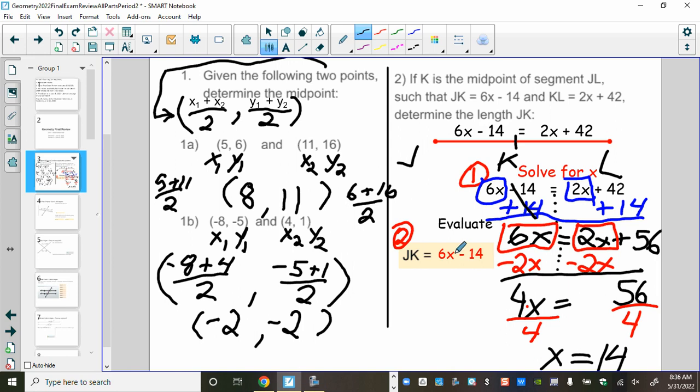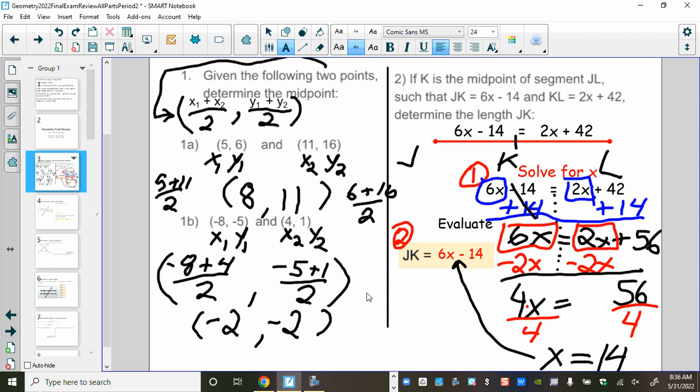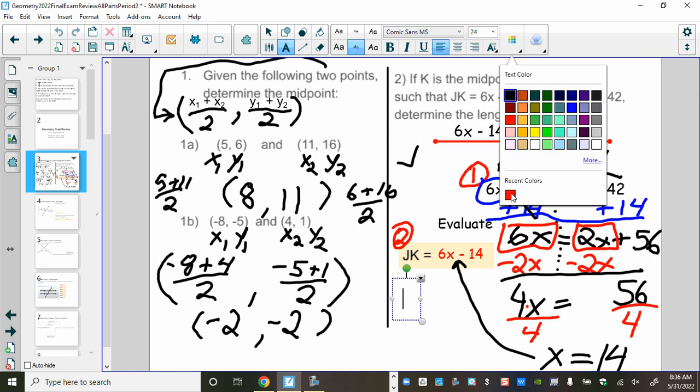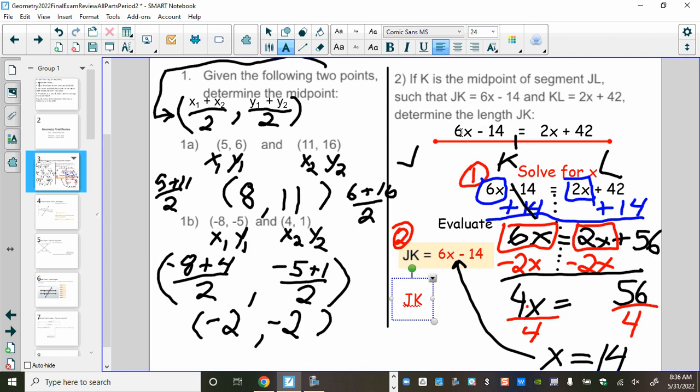And then just plug in, x is 14, and plug that up in here. So then JK equals 6 times 14 minus 14.